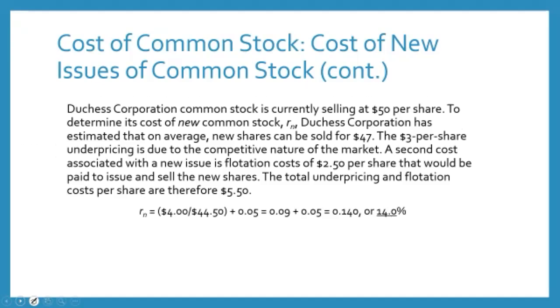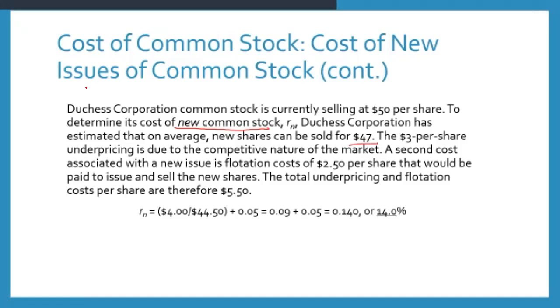Duchess Corporation common stock is currently selling at $50 per share. To determine its cost of new common stock, it's currently at $50. Duchess Corporation has estimated that an average new share should be sold at $47. We want to attract new buyers.